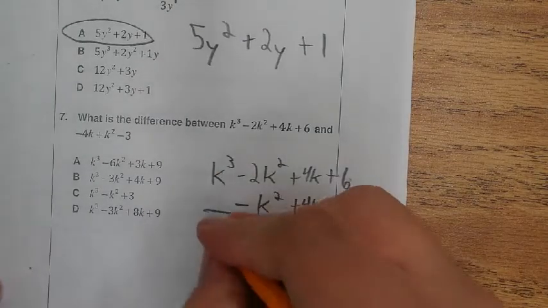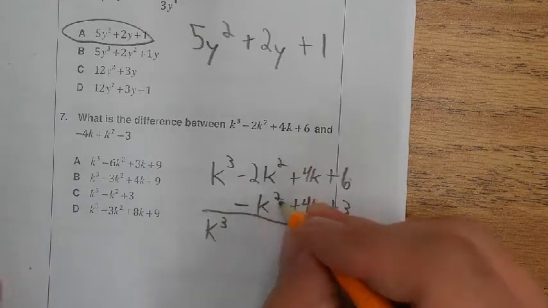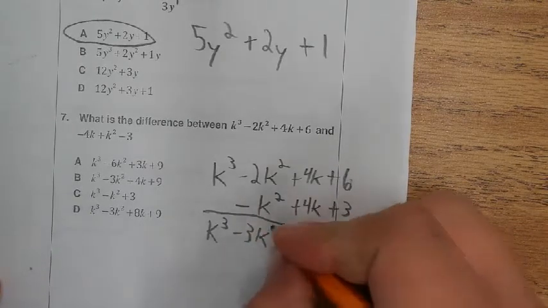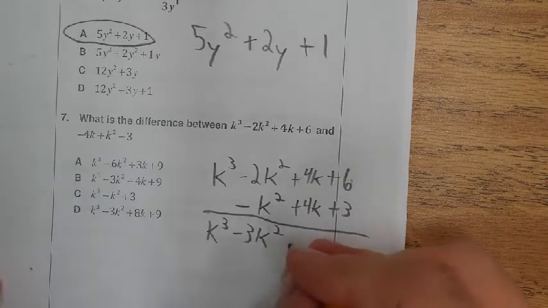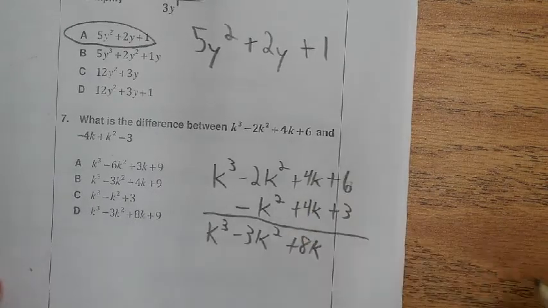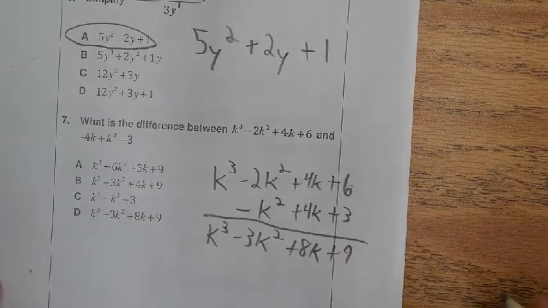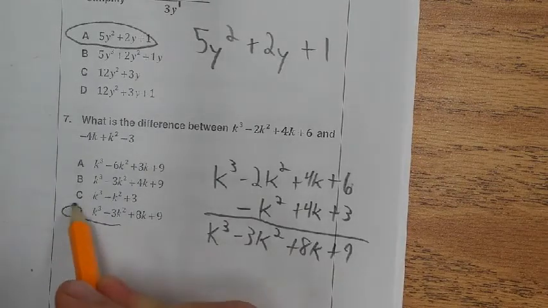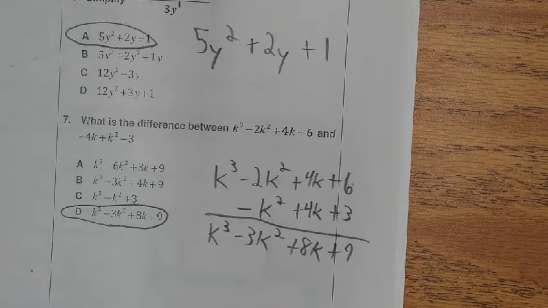We just bring down the k to the third. Negative 2k squared minus 1k squared: negative 2 minus 1 is negative 3k squared. 4k plus 4k is 8k. And 6 plus 3 is 9. So the correct answer you should have gotten was D. You might have questions about that one.